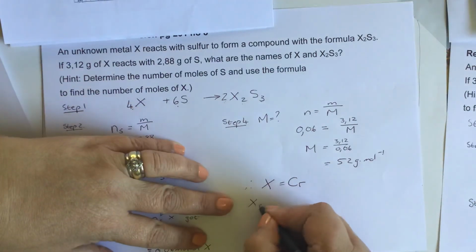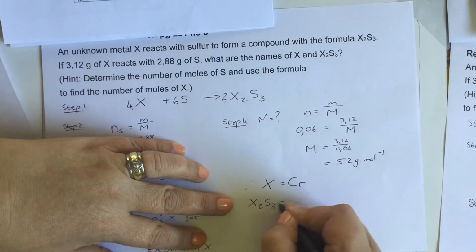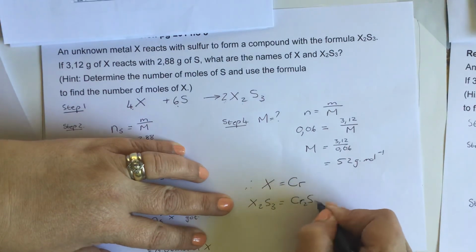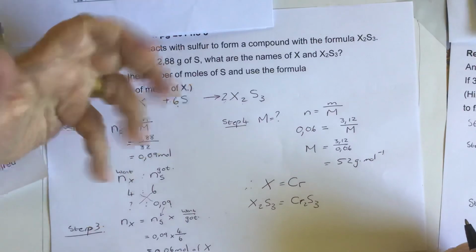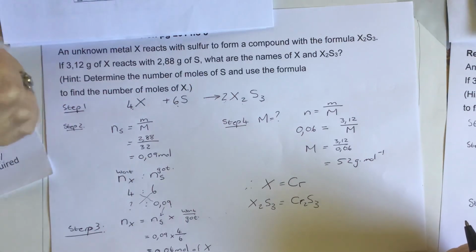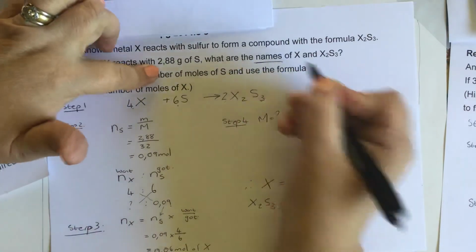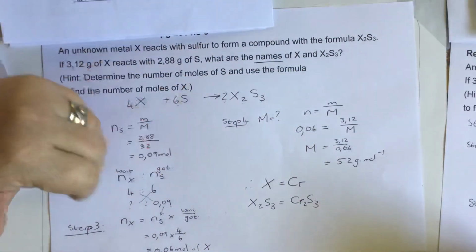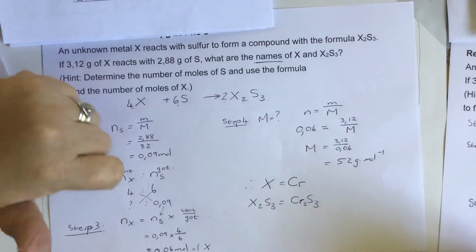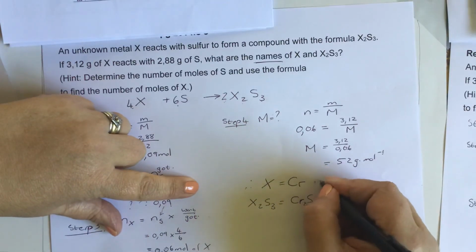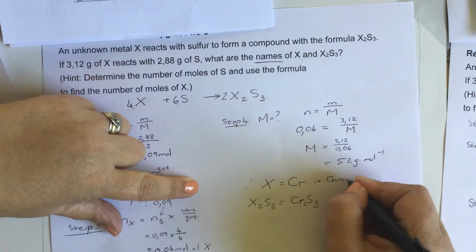And X2S3 is Cr2S3. Which is now identifying, but did you answer the question? The question is, what are the names? So you will not get all your marks if you don't go and give the names. The name of Cr is chromium.